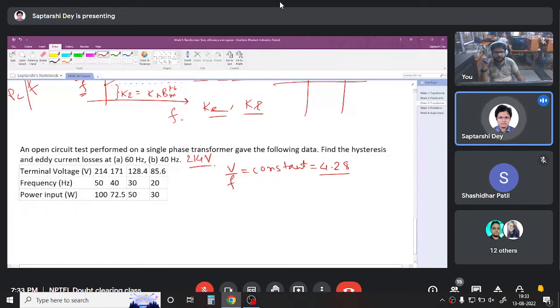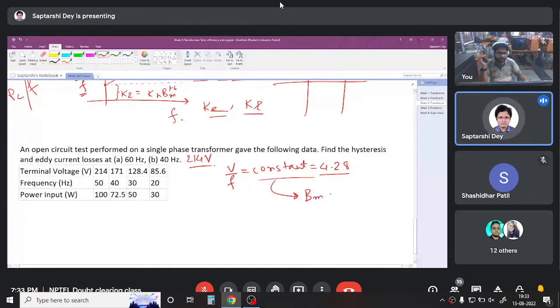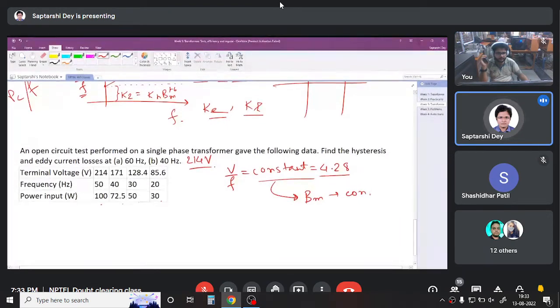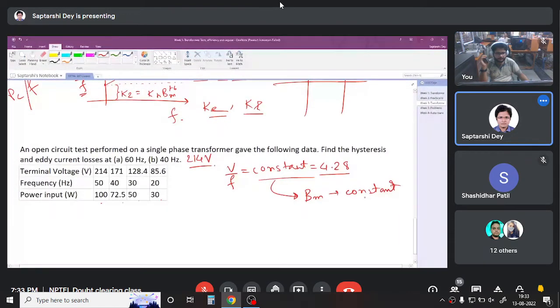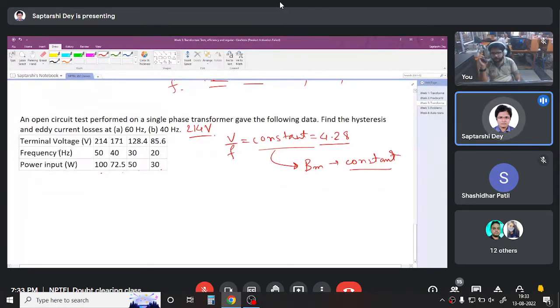So since we have kept V by F constant in all the cases, what does it ensure? This ensures that the peak flux density in the core is constant in all the four experiments.